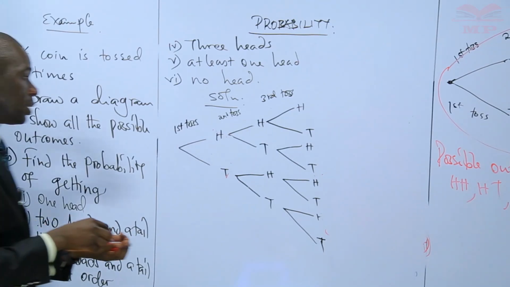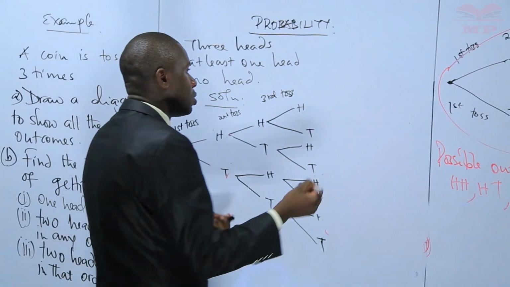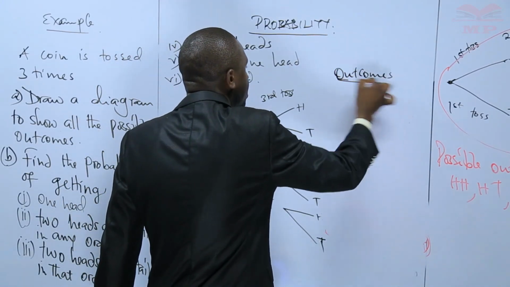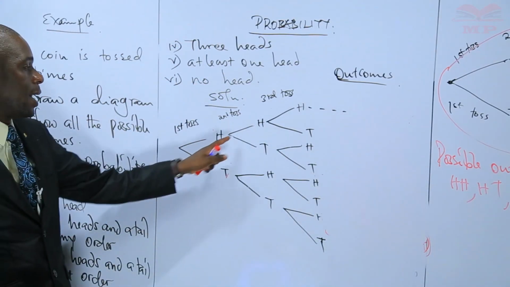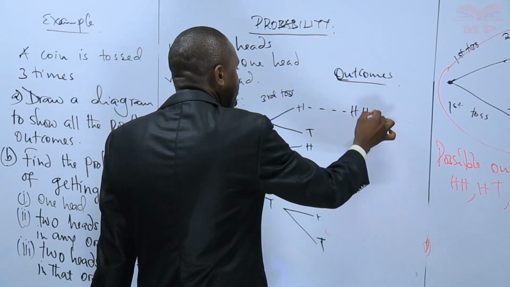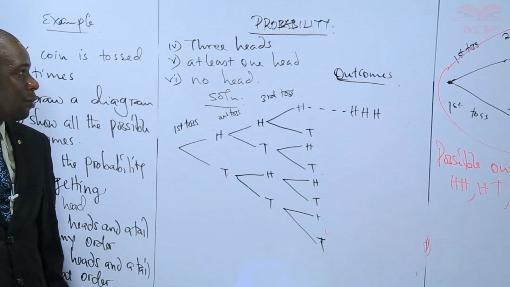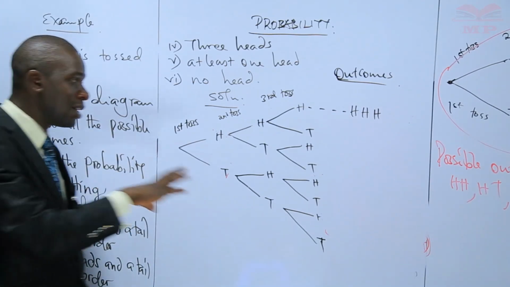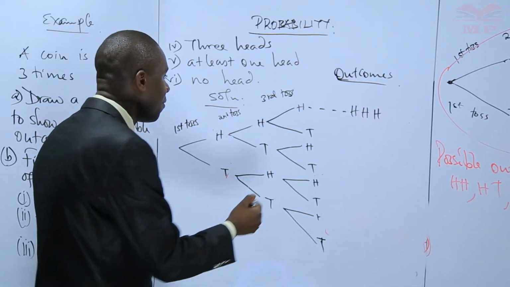So having worked with this, we can now write here our outcomes. This is the sample space we are talking about. The first outcome can be head, head, head in that order. I want you to notice that if you throw the coin 3 times and you have a head, a head, and a head, it means that you cannot have any other combination. All your responses are heads.